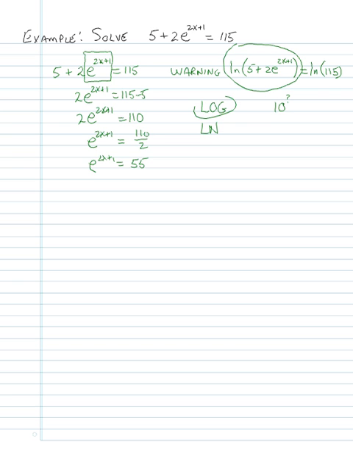If we have in our equation e to a power, we want to use ln. If we have in our equation 5 to a power, then it doesn't matter. It really doesn't matter ever, but in the other two situations that I've indicated there, it's to our advantage to use one logarithm versus another.